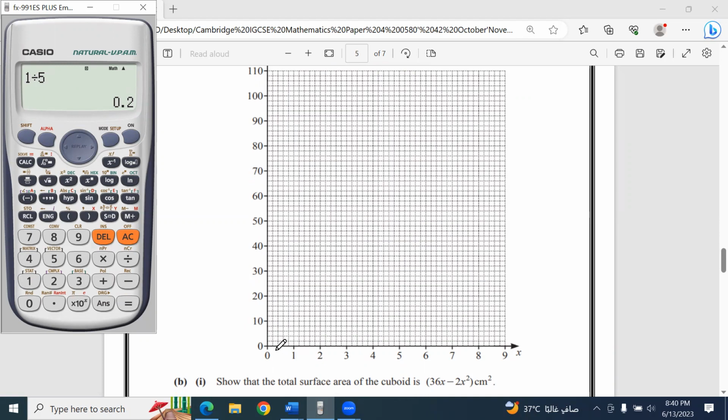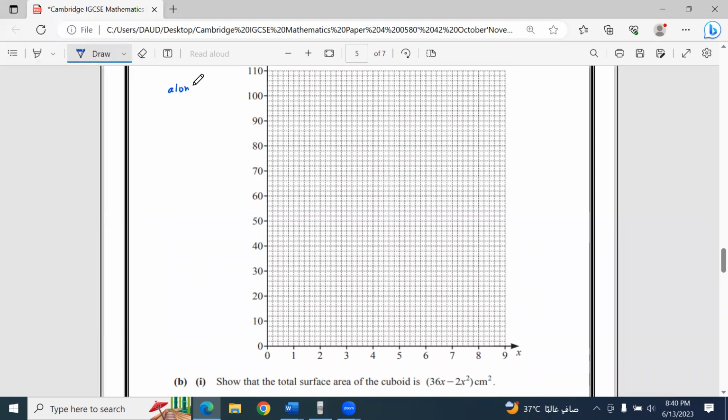So along the x-axis, one small box is 0.2, and along the y-axis, 10 represents 5 boxes, so 10 divided by 5. Along the y-axis, one small box equals 2.